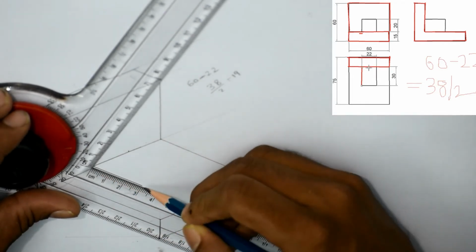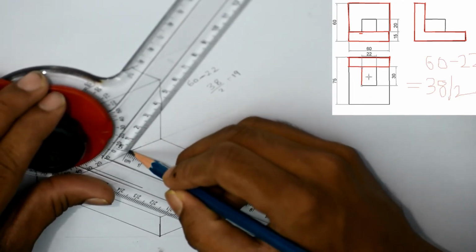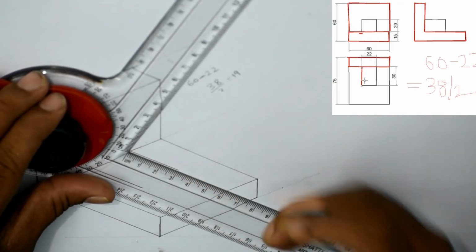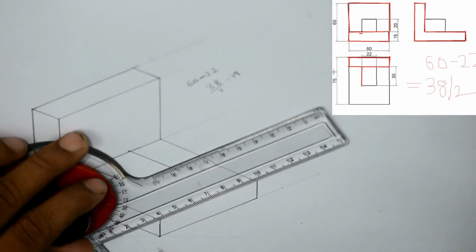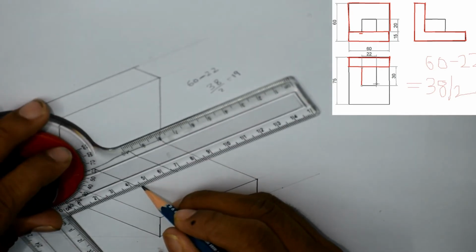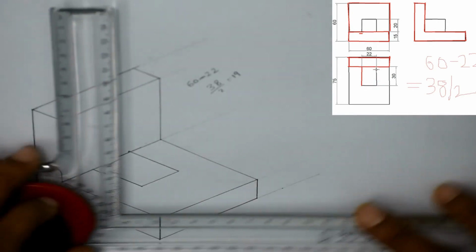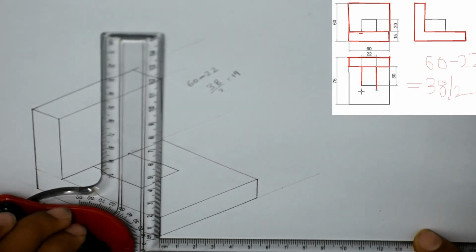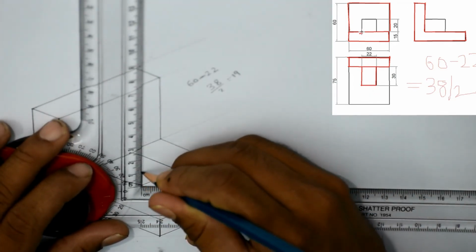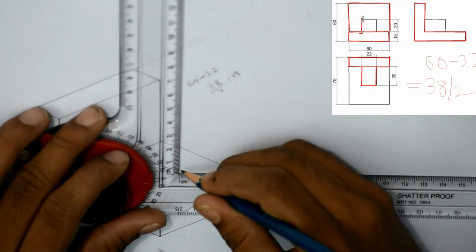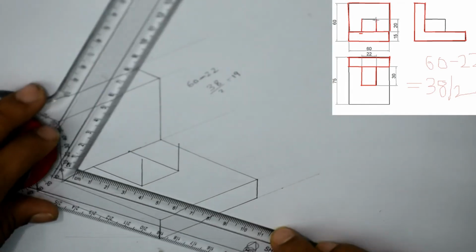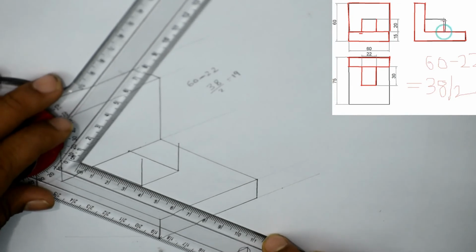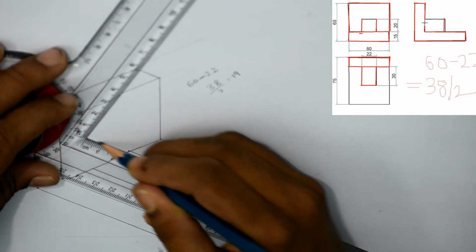This is 30 and also this is 30. And the height of this box is 20 mm. This is 20. This is 20. And we need to just join it till the end.